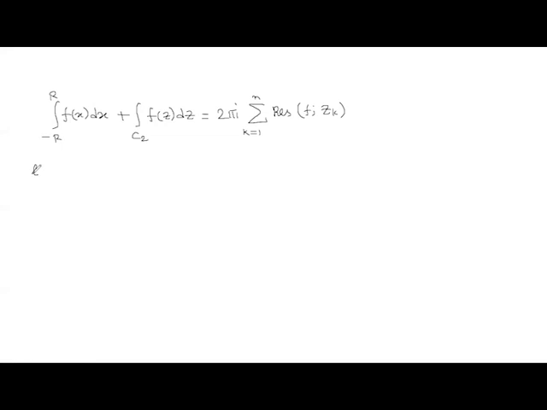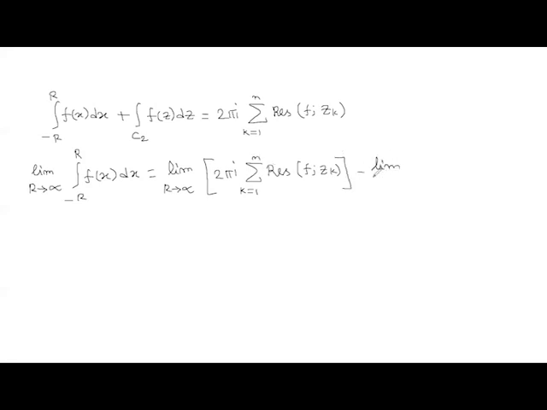Now if we take the limit as r tends to infinity, we get the limit of 2 pi i times the sum of all residues, minus the limit as r tends to infinity of the integral over C2 of f(z) dz.